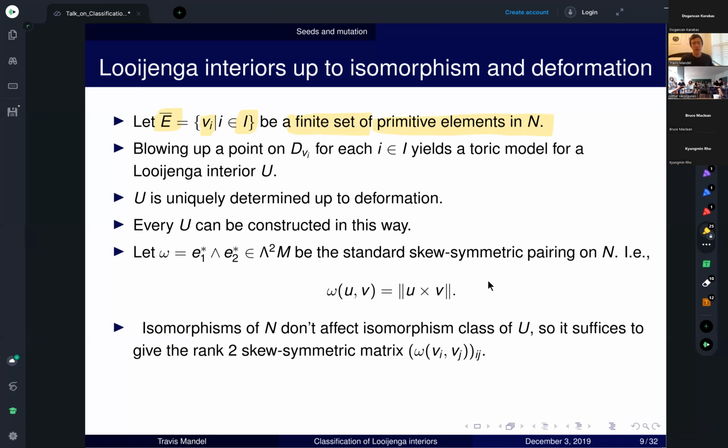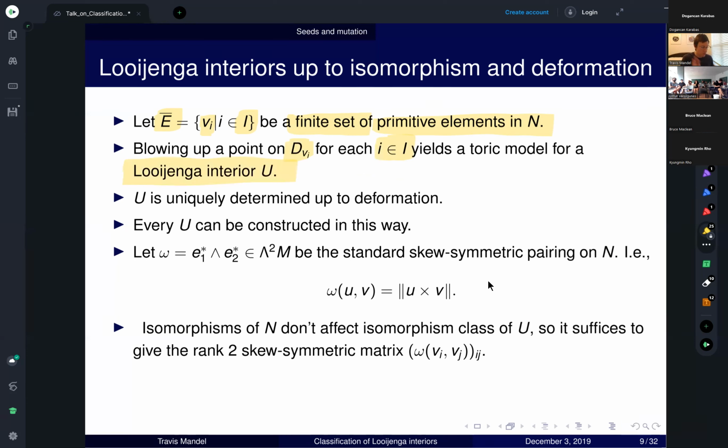Primitive meaning they're not equal to a positive integer multiple of some other element in your lattice. Okay, and then we can blow up a point on D_{v_i} for each index i, and that will give a toric model for some Looijenga interior U.